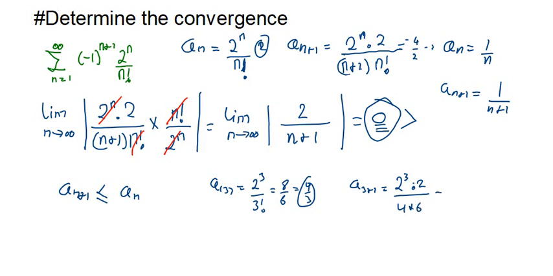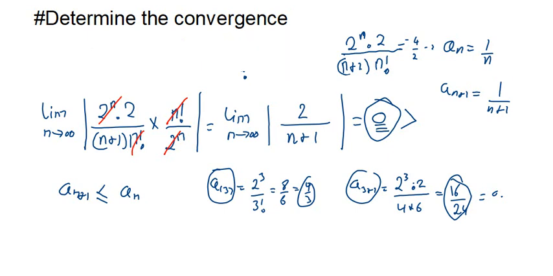So the numerator gives us 8 by 2, that gives us 16, and on the denominator 4 times 6 gives us 24. So this value is 0 point some value, and this one is 1 point something. So we are confident to say our a sub n is greater than our a sub n plus 1, and that's when you're able to conclude that the series converges. And that is when you're applying the ratio test.